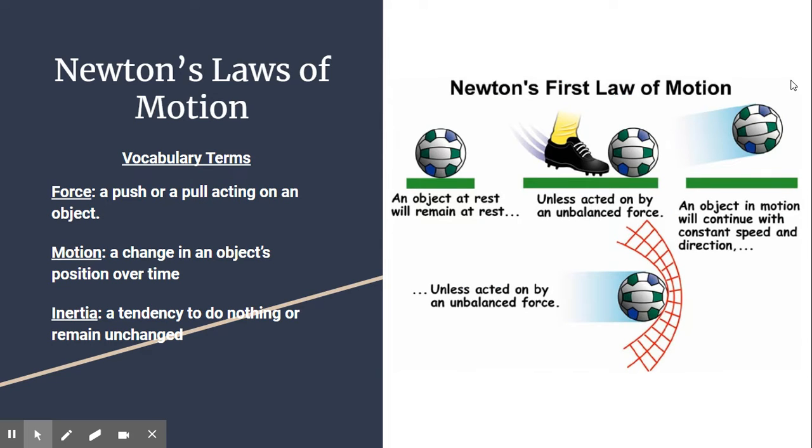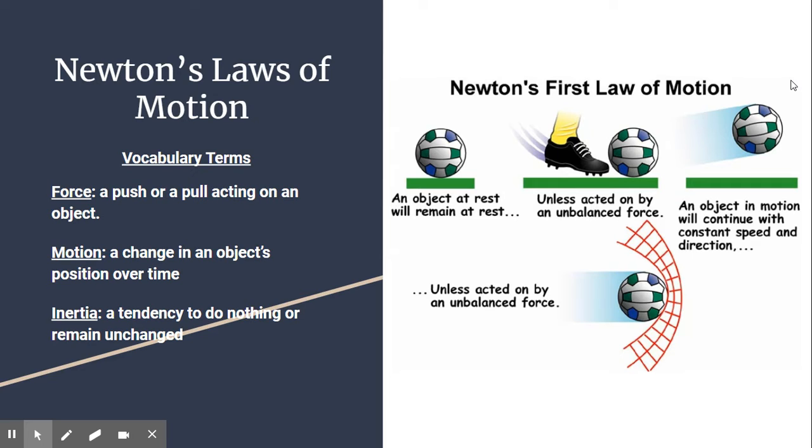To review, Newton's first law of motion says that something that's stationary has to have a force act on it to cause it to move. In this example, you can see a soccer ball that is at rest. It is sitting at rest and not moving. The ball will not begin moving until a force acts on it, like a foot that strikes the ball.